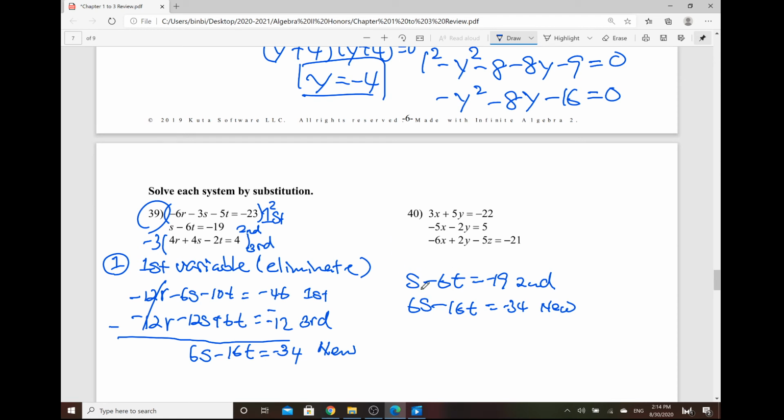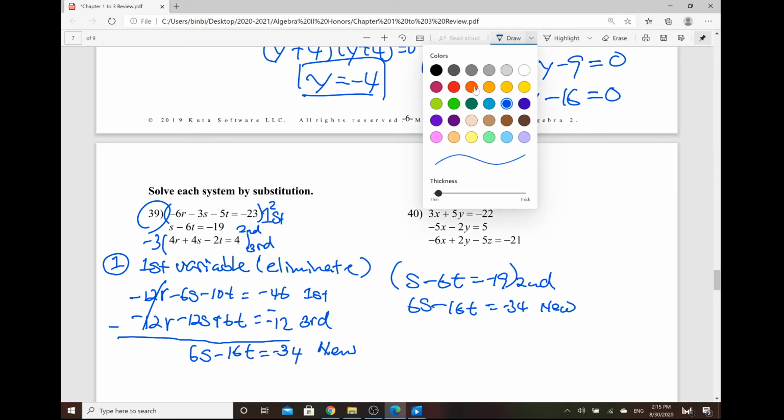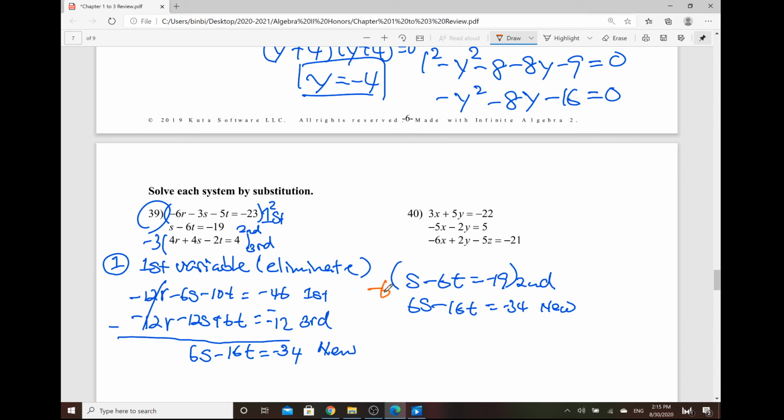Again, we want to solve for one of those variables. So basically this one, I can just multiply the second equation by negative 6, because I want to combine them. So we got negative 6s, positive 36t, and then negative 19 times negative 6, which is positive 114.